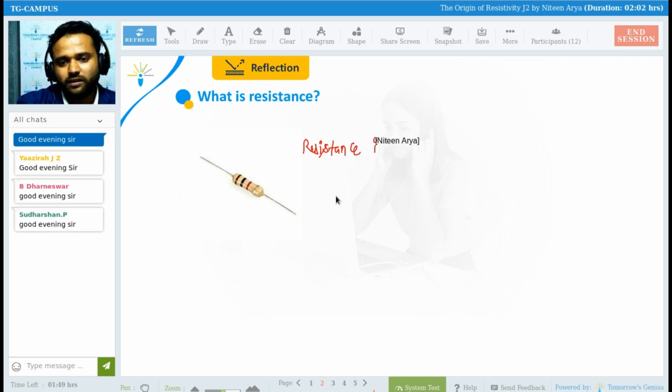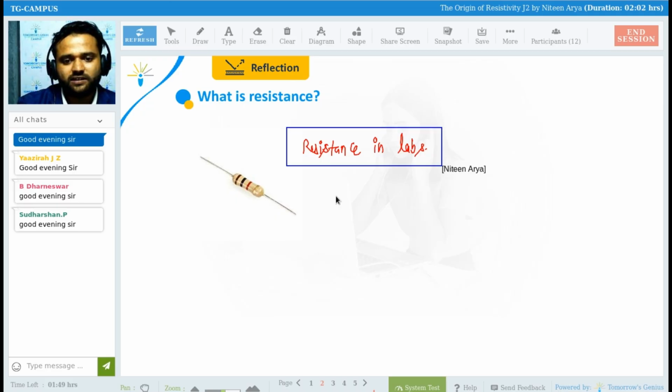Resistance in labs, when you go to any college, controls the flow of current. Okay, anyone else? That is resistance in labs.